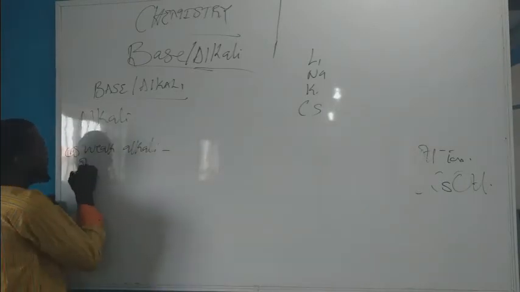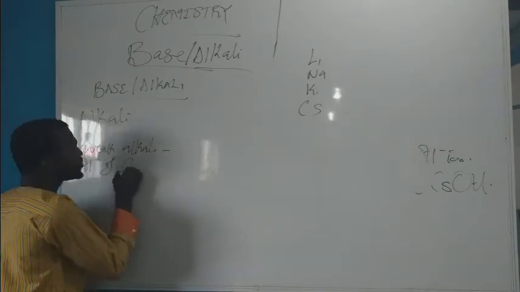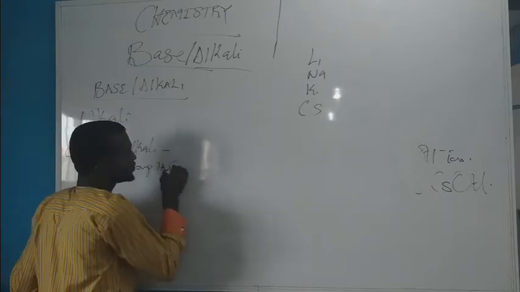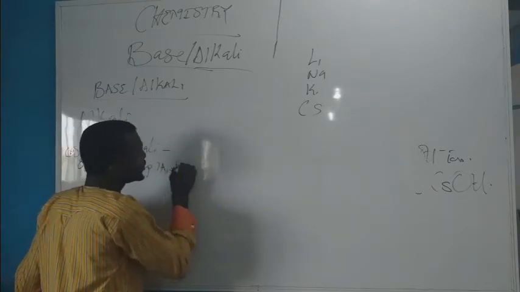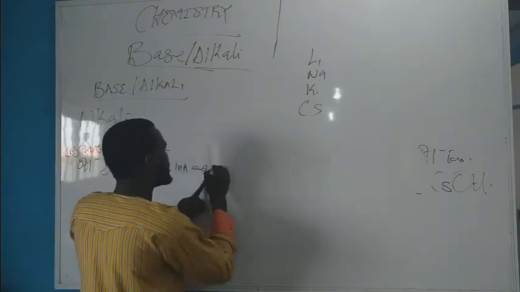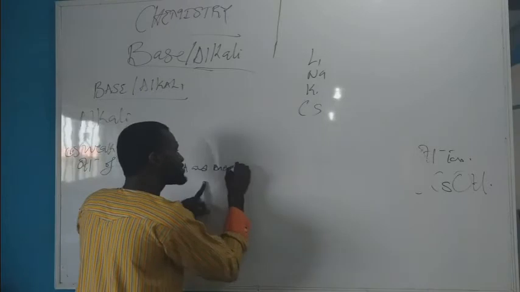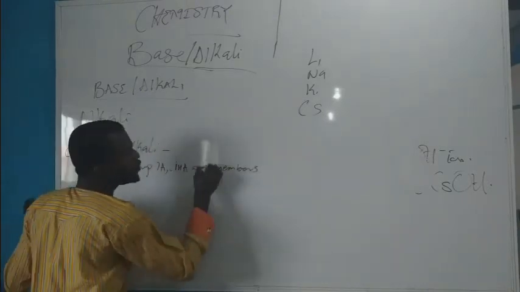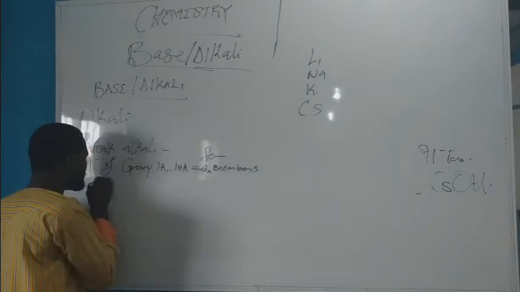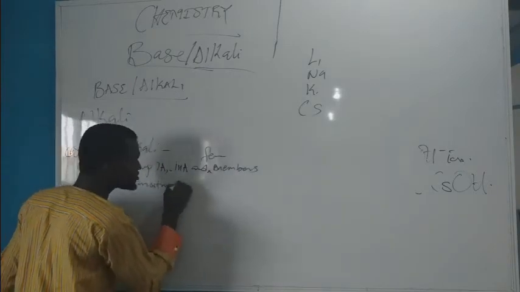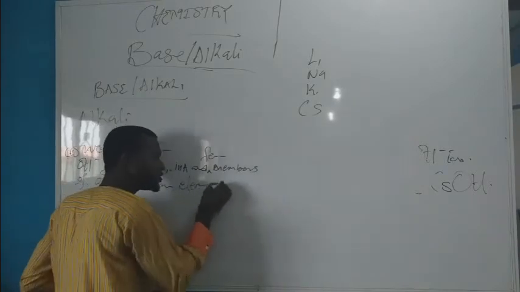Example: hydroxide ion of group 1 what? Group 1A, group 3A, and members and few members of outer transition elements.